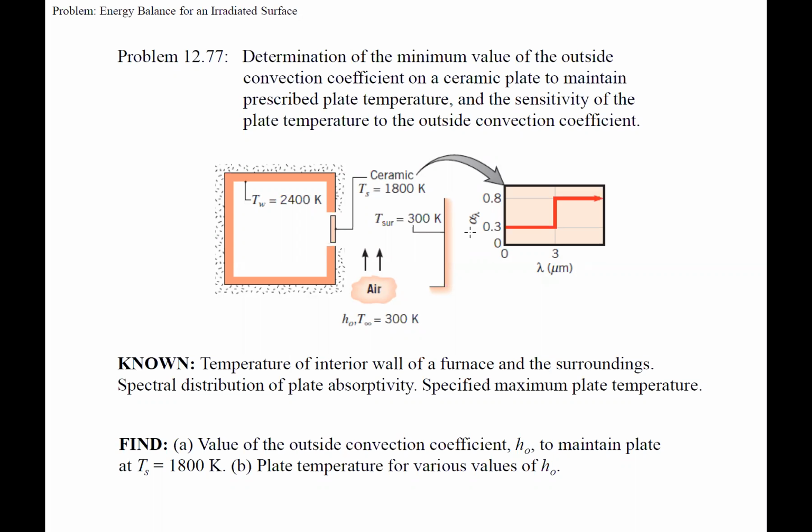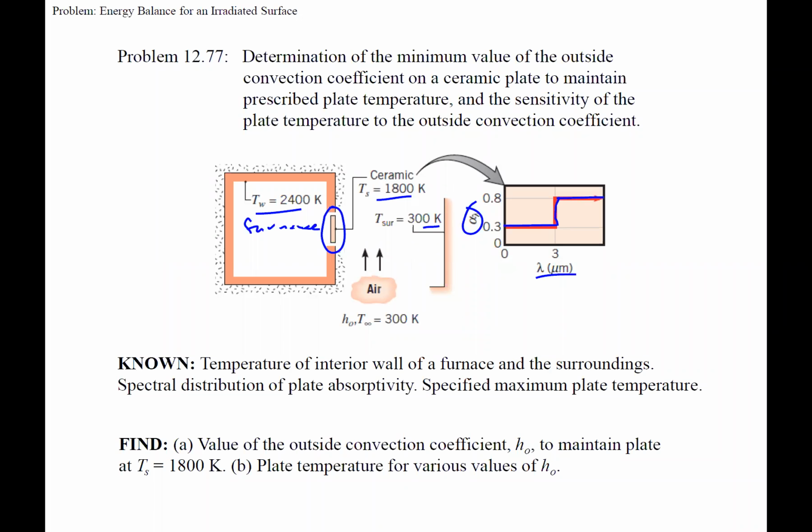So we have this furnace with a 2400 wall temperature. We have this ceramic plate that we're honing in on, at 1800 Kelvin, and the surroundings at 300. They also give us the absorptivity as a function of wavelength, but it only has one step: it goes from 0.3, and at 3 microns goes to 0.8.